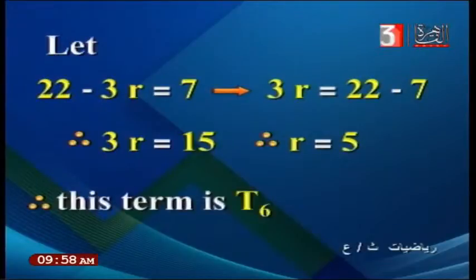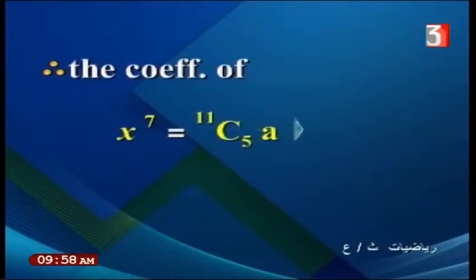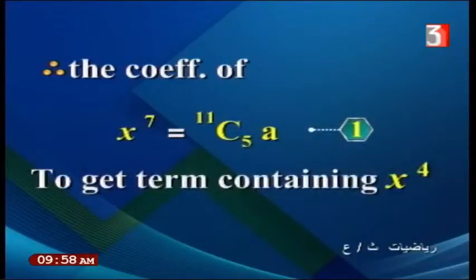Therefore, this term is T6. T6 equals 11 C 5 a x to the power 7. The coefficient of x to the power 7 is 11 C 5 a.